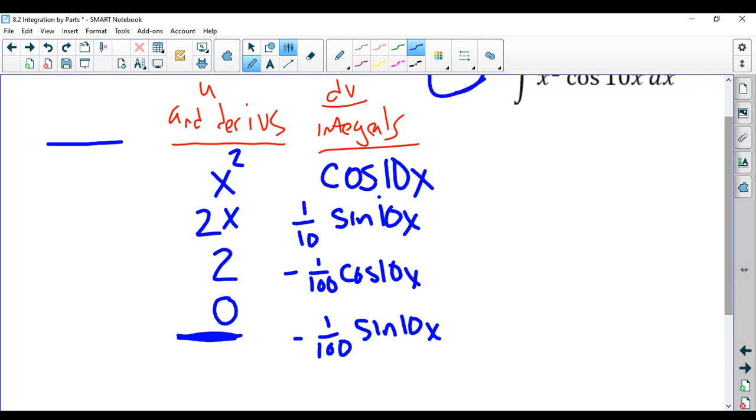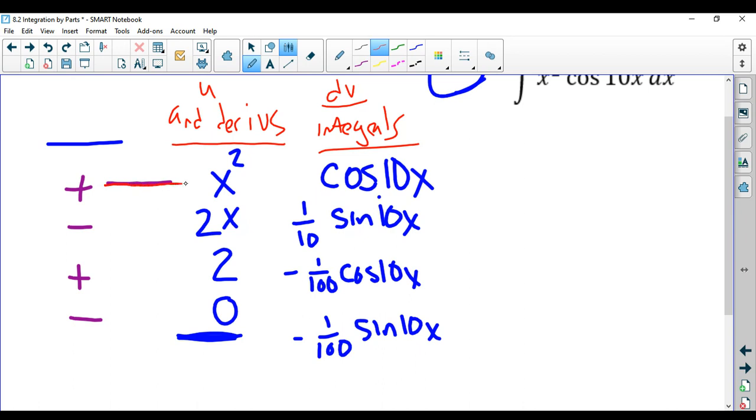So the left column, this is easy. Plus, minus, plus, minus. Just start with a plus and alternate signs until you get down to that 0. And here's the answer. Watch the arrows. Straight across. That's a different color.